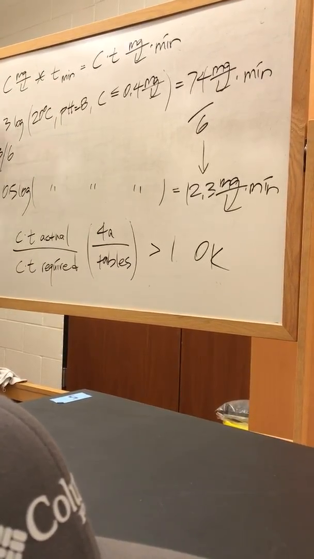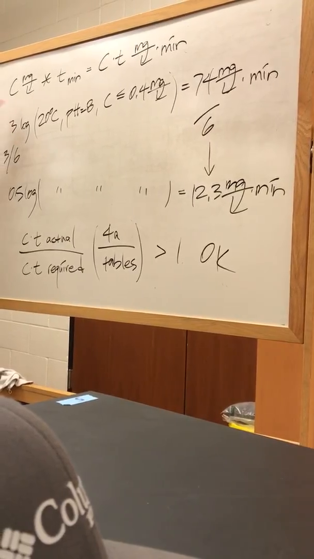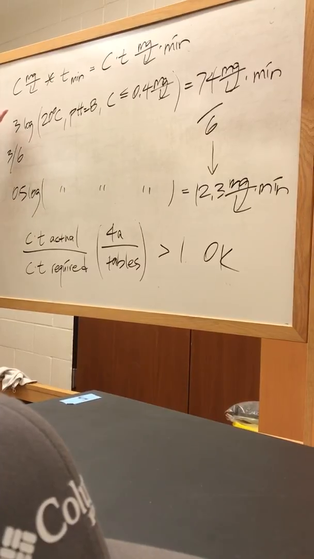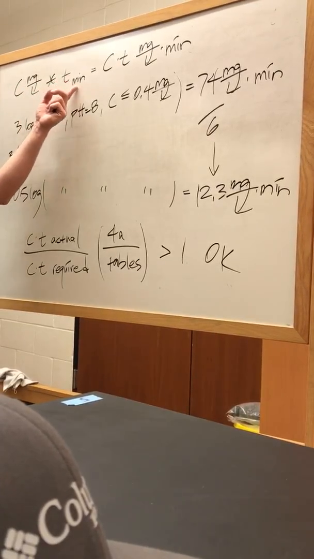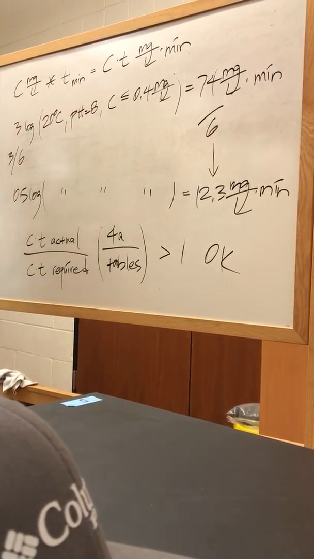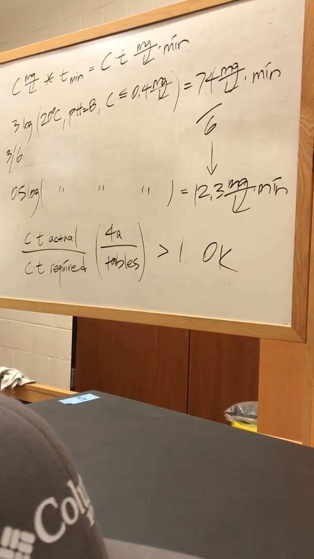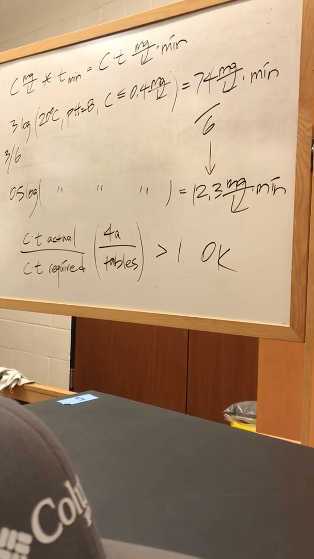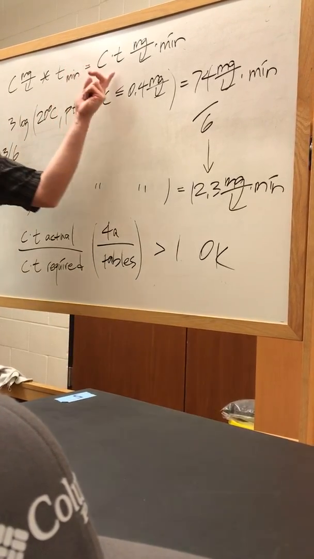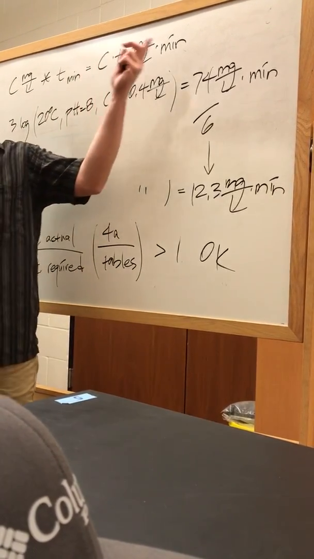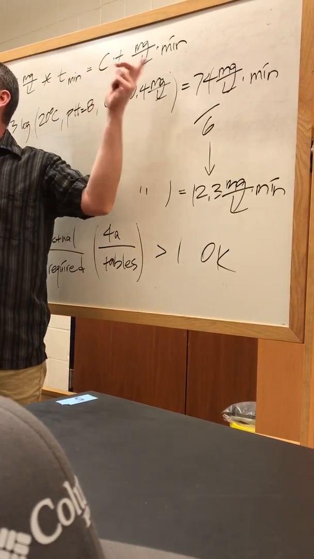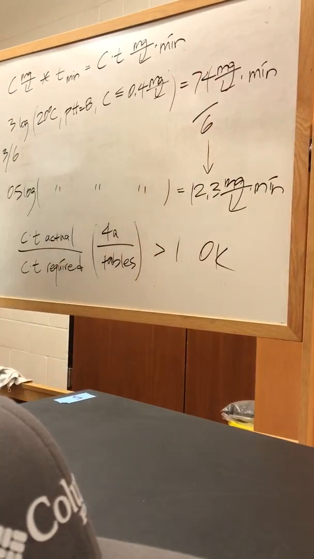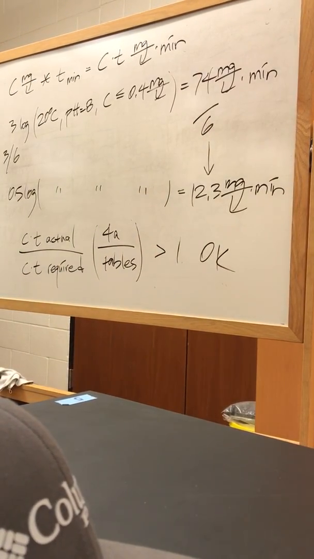And so a required CT is the concentration in milligrams per liter of your disinfectant, in this case chlorine, times the time that those organisms were inactivated in some toxicological experiment. And that gives you a CT value. Concentration times the time it took to inactivate those organisms. And that would be your CT required. And that is what you have in your tables.